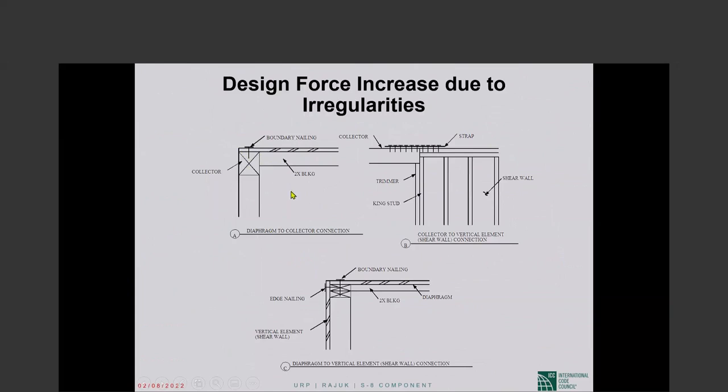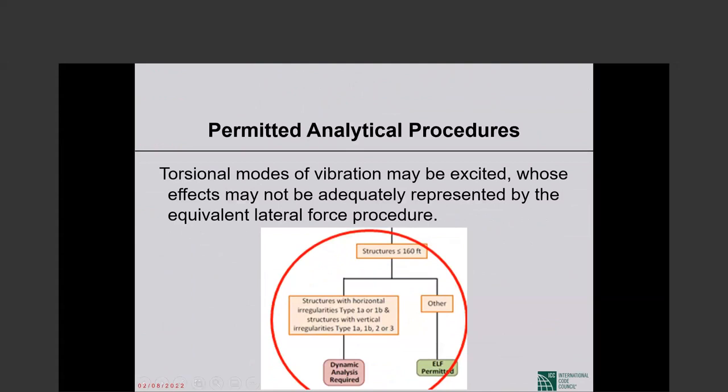The design forces have to be increased 25%. This is the collector to shear wall connection. So this connection, the forces have to be increased 25%. And this is the diaphragm to shear wall connection. This is the shear wall, this is the diaphragm, this connection has to be designed for 25% higher forces.